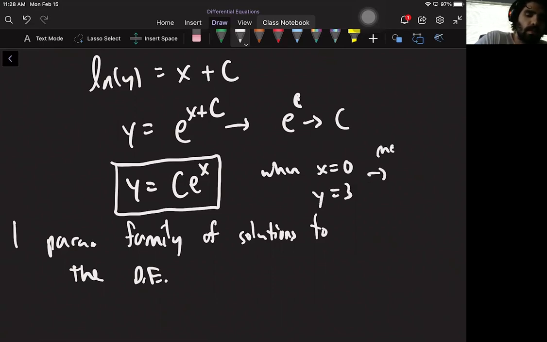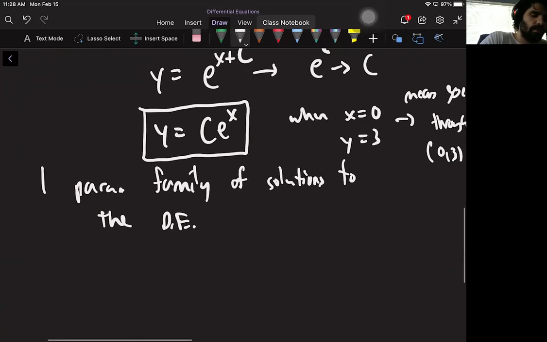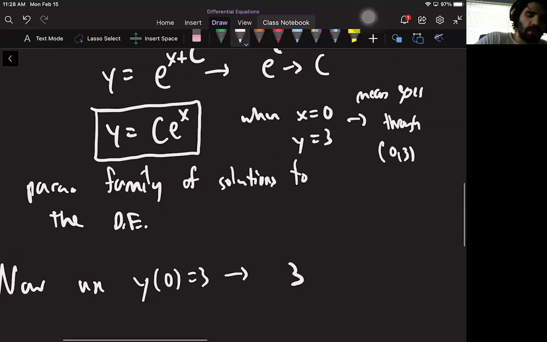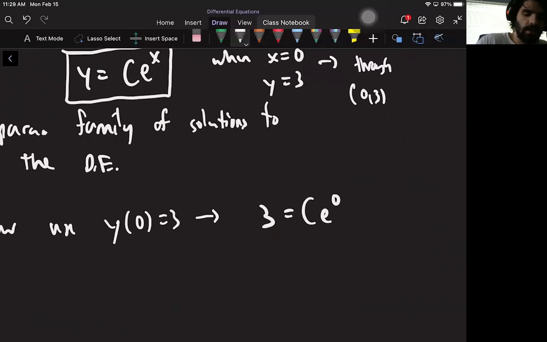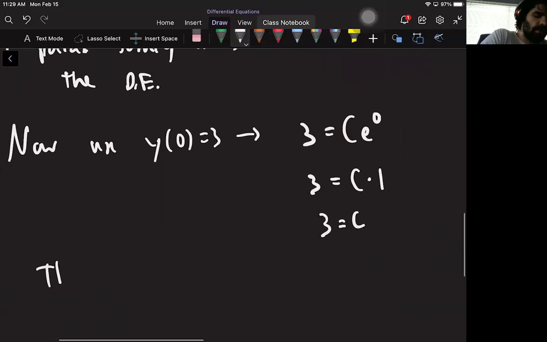So all I'm going to do is use this initial condition. I'm just going to change my y to 3 and my x to 0. Then we'll see our constant will be chosen for us. It's no longer just an arbitrary constant; it's going to be a specific number. So e to the 0 is just 1, so 3 equals c.